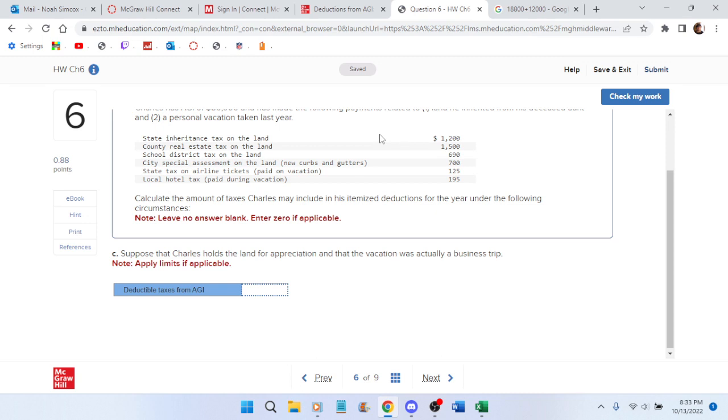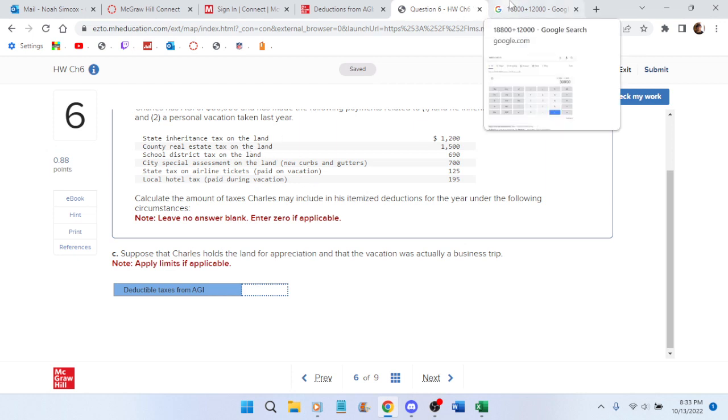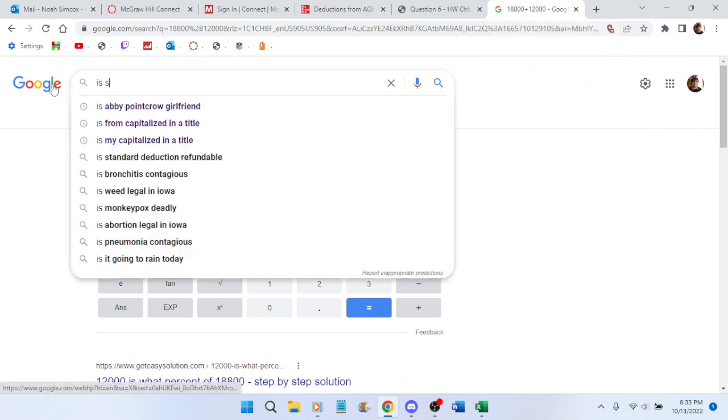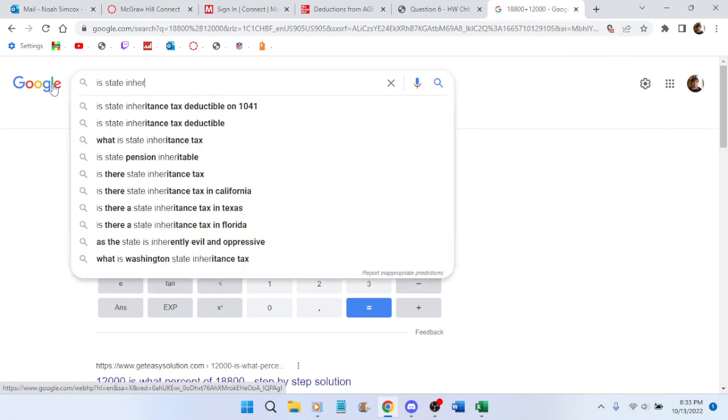Okay, watch this. I'm gonna literally Google everything. Is state inheritance tax deductible?